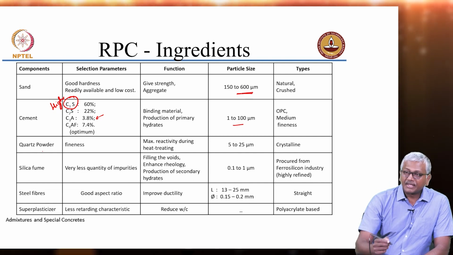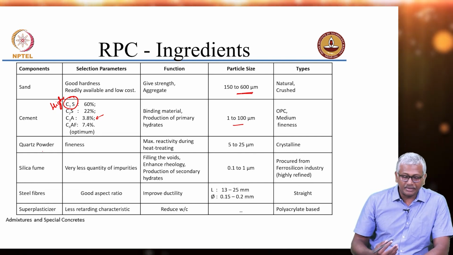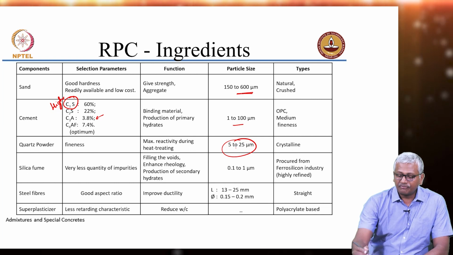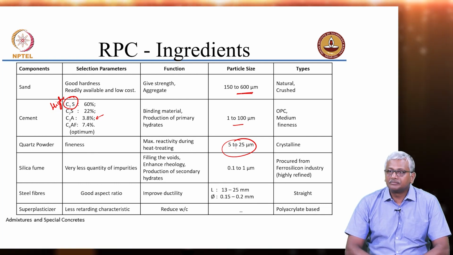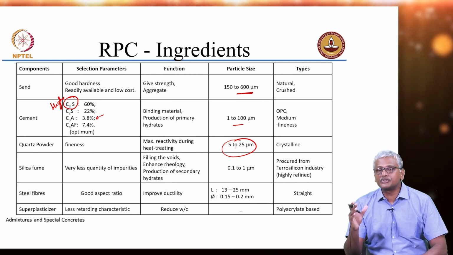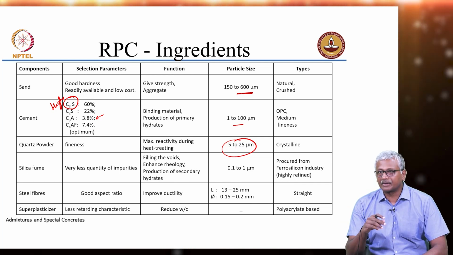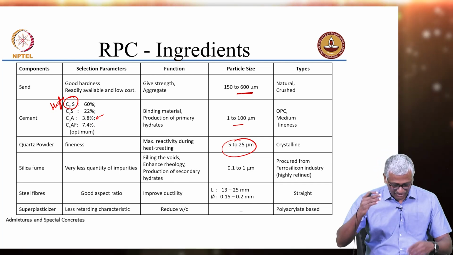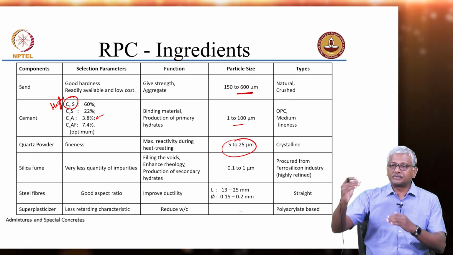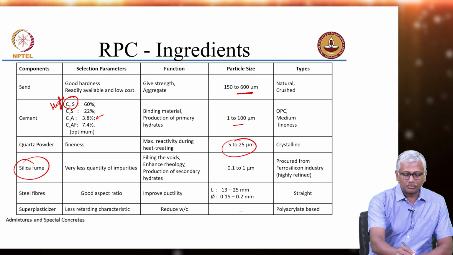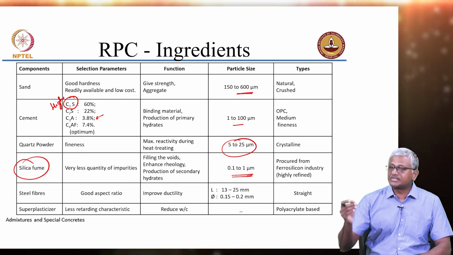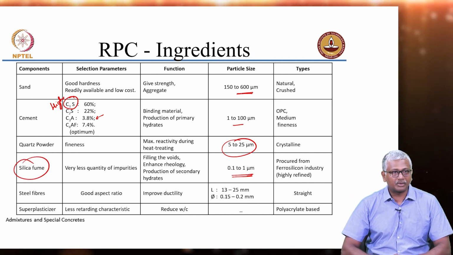Quartz powder can be used as a filler to provide additional fines. It fills up this sort of a size range, 5 to 25 microns. Bulk of the particles are around 10 microns, so slightly lower than cement. So you see the idea, you have large sand particles followed by cement particles, quartz powder, then you come with silica fume or microsilica, which fills up the even smaller spaces, 0.1 to 1 micron, okay.